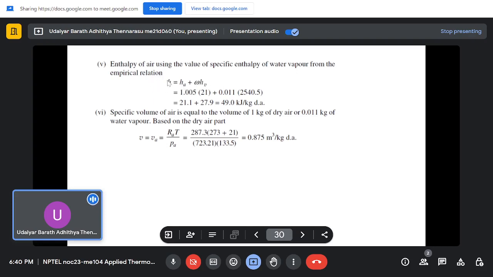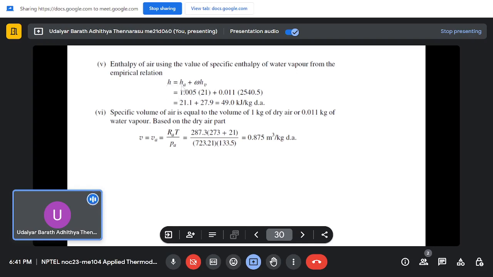So m dot into h equals m dot a into ha plus m dot v into hv. And if you divide by m dot a, you can find it out.